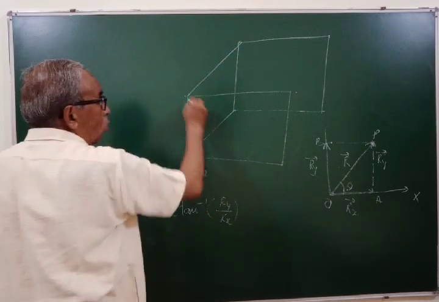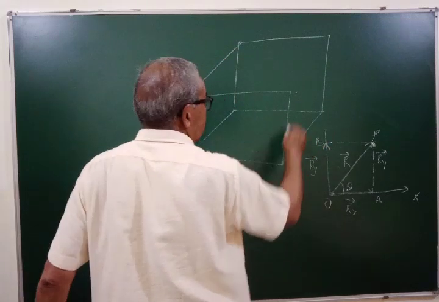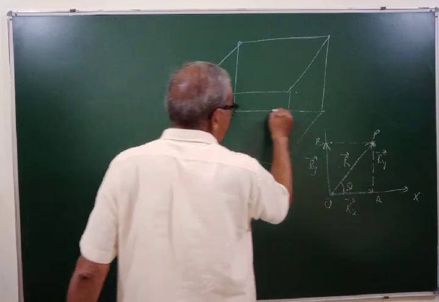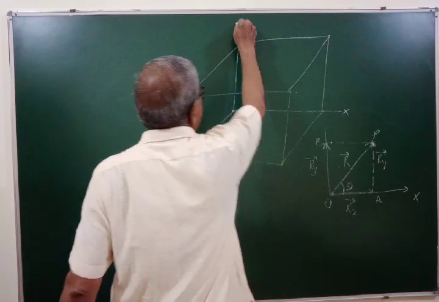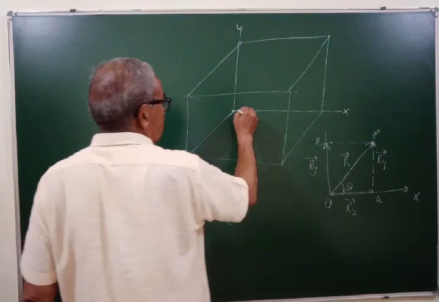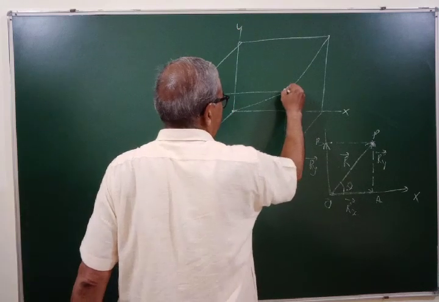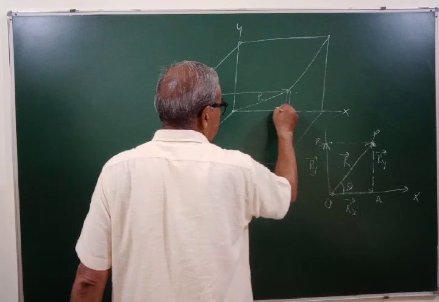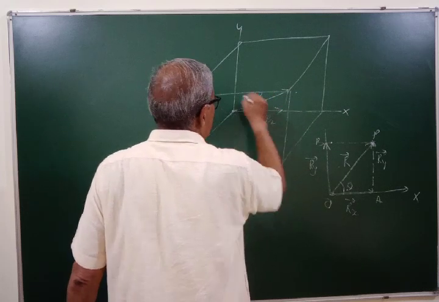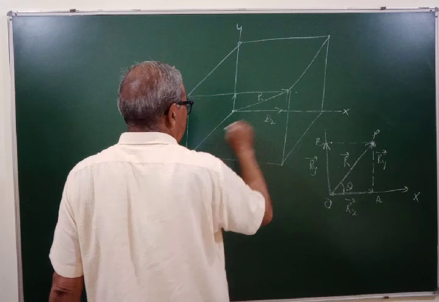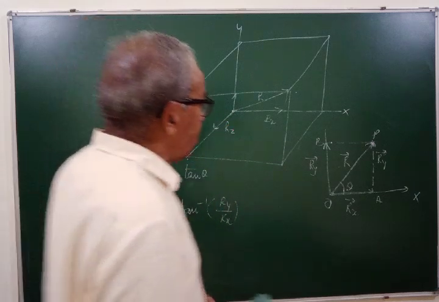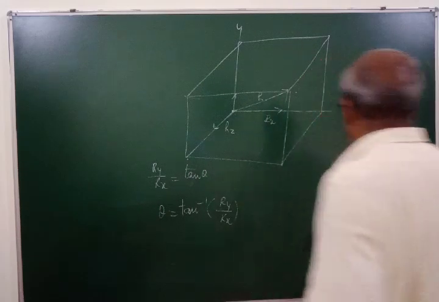This is the origin O. This is the x-axis, this is the y-axis and this is the z-axis. So this is vector R. R has three components. One is Rx here, this is Ry here, and Rz this way. Here we cannot show it because of the limitation of two dimensions.